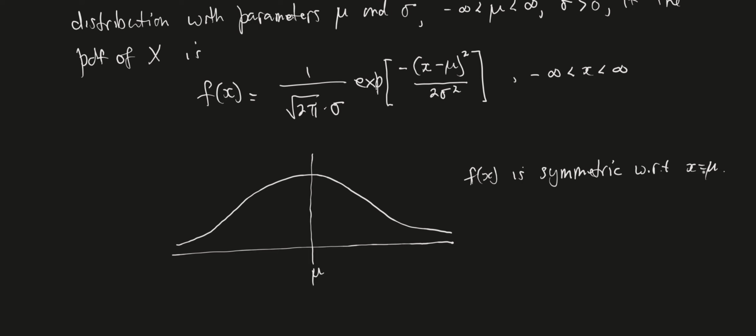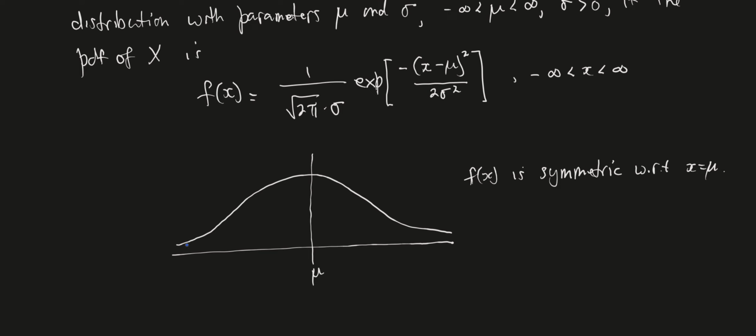Because it's symmetric with respect to mu, if the total area is 1, then the mean splits it 50-50. So half of the distribution would be less than mu, and half would be greater than mu.